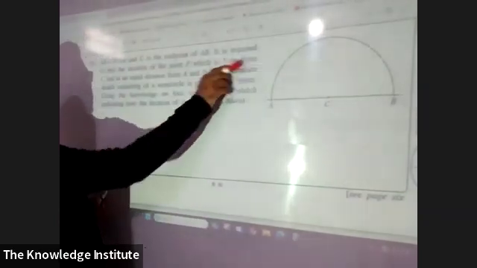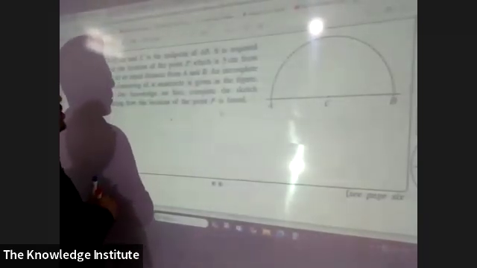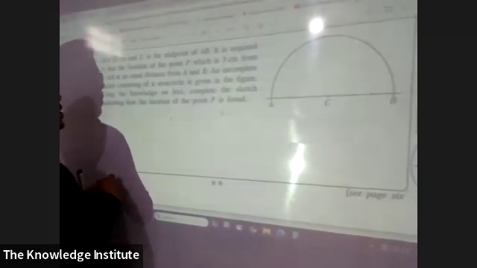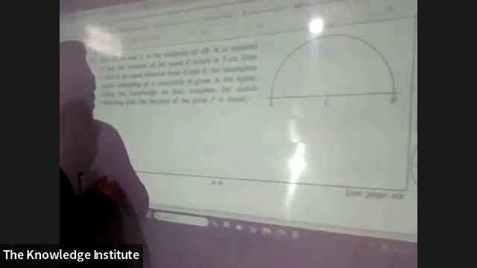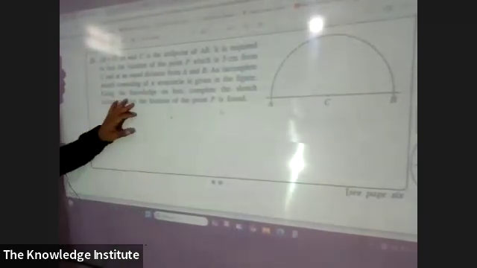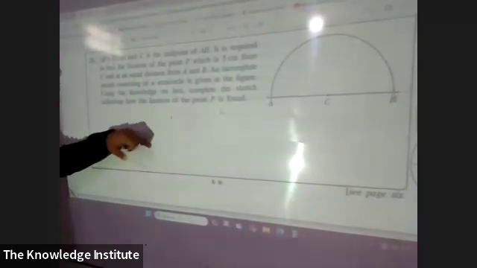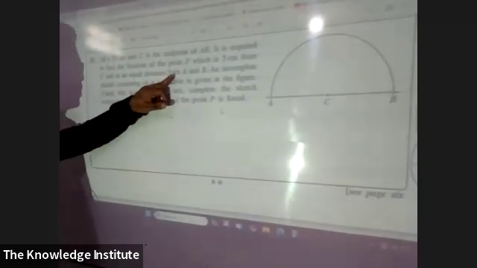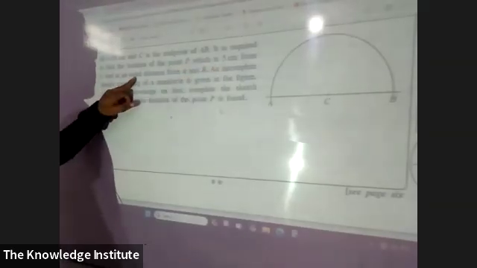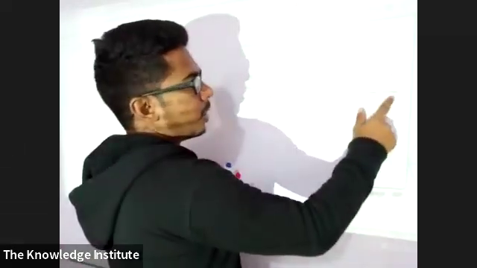It is required to find the location of point P, which is 5 centimeters from C and at an equal distance from A and B. Using the knowledge of loci, complete the sketch indicating how the location of P is found. So it says point P is 5 centimeters from C and at an equal distance from A and B.